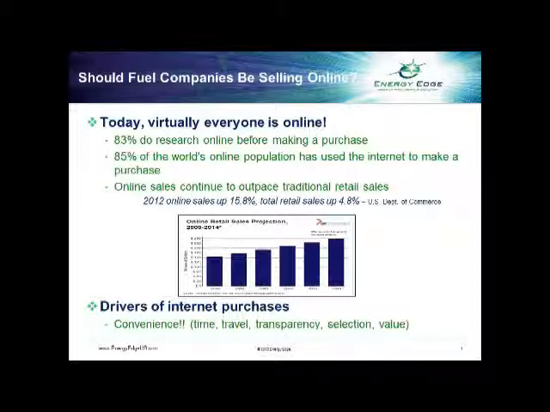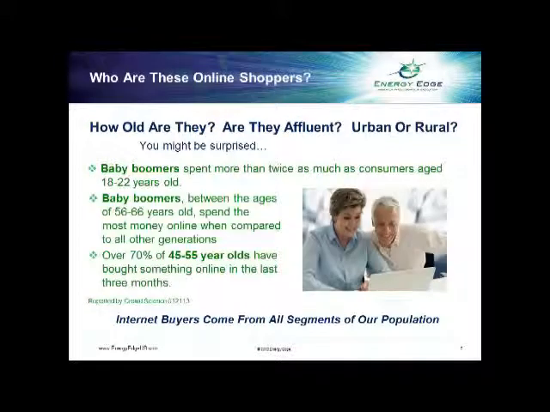Who are these online shoppers? And this might be a little bit of a surprising slide for some of you. Certainly it was to me when I first ran across this data a couple of months ago. Baby boomers, of which I am one, spend more than twice as much online as consumers aged 18 to 22.